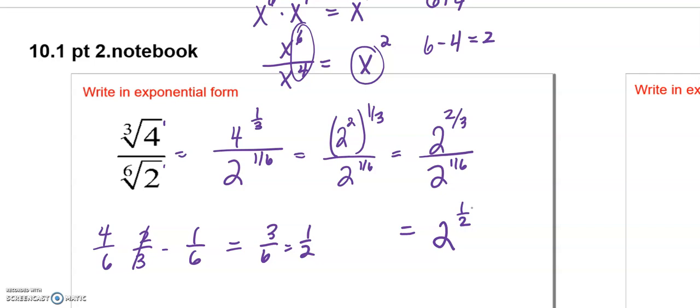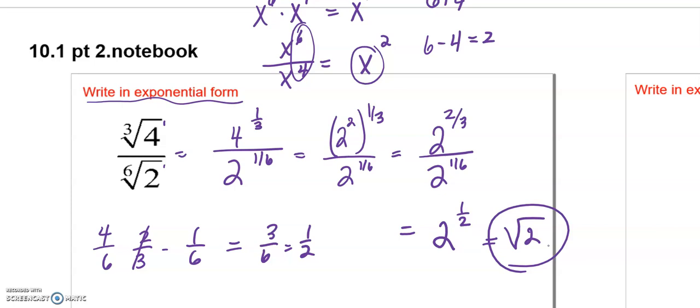Now, that is a fraction, so I don't leave them in exponential form. Now, this says to kind of leave it in exponential form, but on a test or quiz, you are going to put it back in a radical. So what you need to know is that's your root 2, and so no power. So 2 to the 1/2 would go back to the square root of 2.